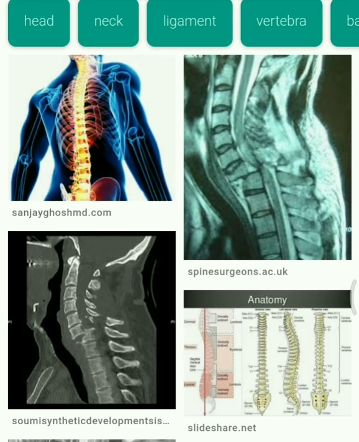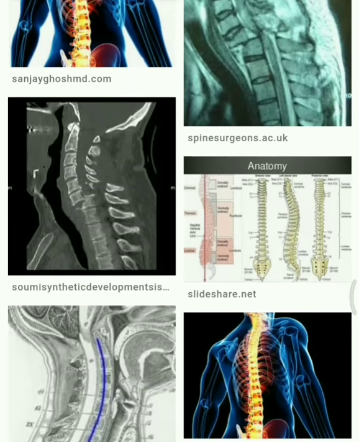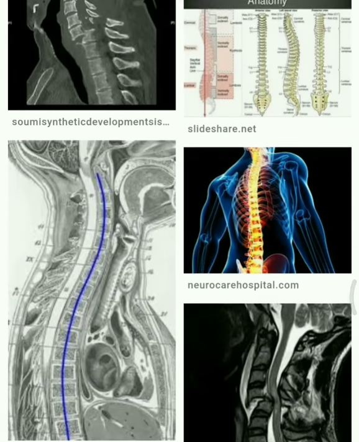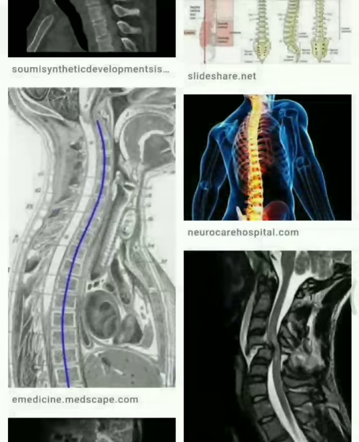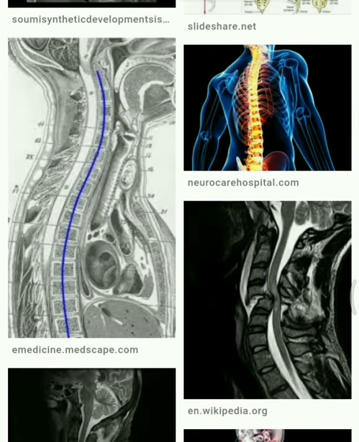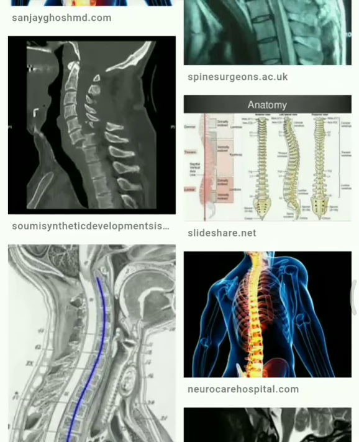The most common site of spinal trauma is the cervical spine. The most common site of spinal fracture is the lower thoracic spine.